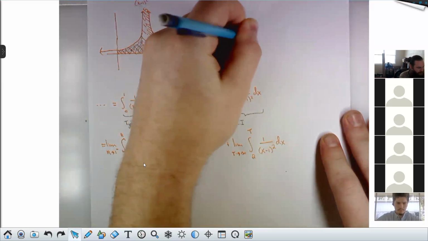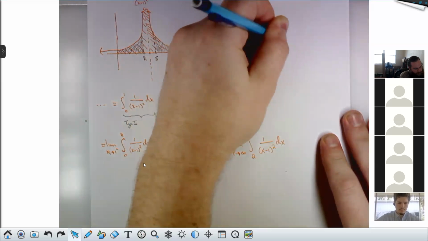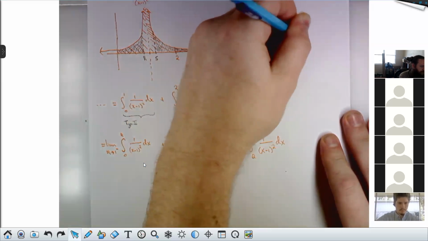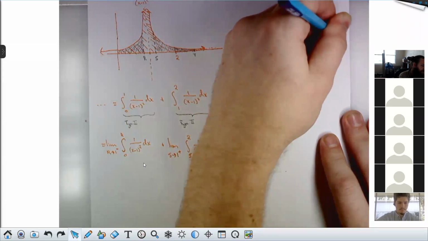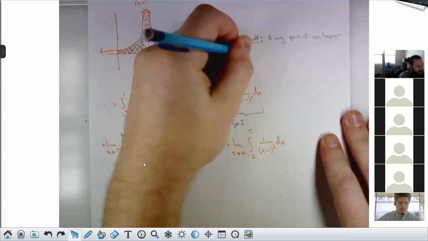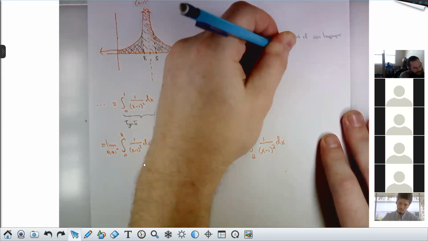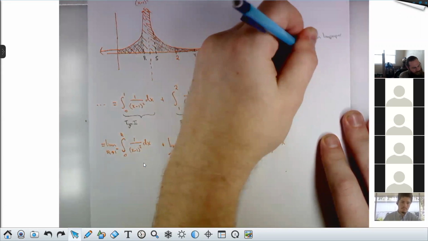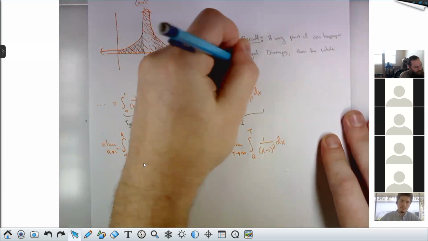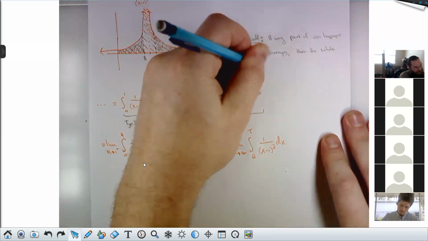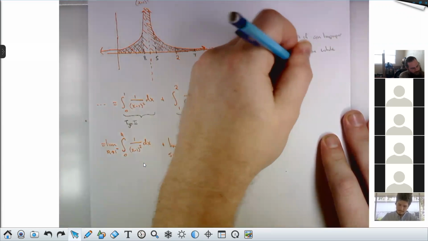Recall, if any part of an improper integral diverges, then the whole improper integral diverges.